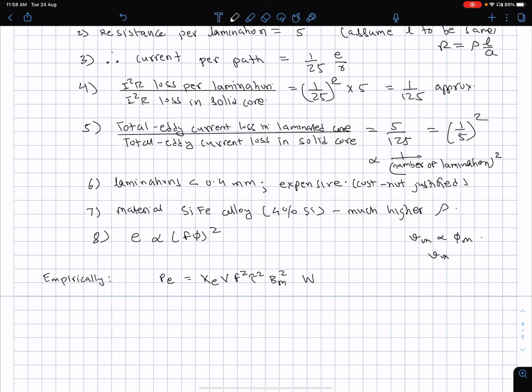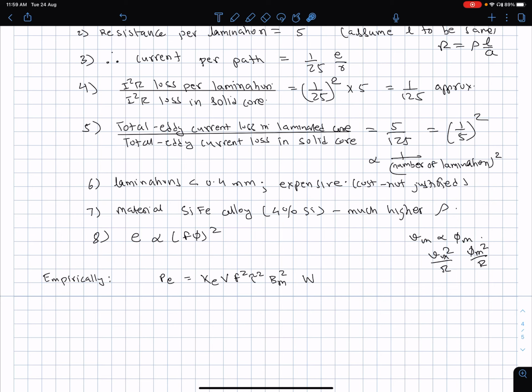The losses here are basically I square R or V square by R, so they are proportional to phi m square, and also to the square of frequency. The square of frequency dependence will also be more clear later on when I discuss this in more detail.